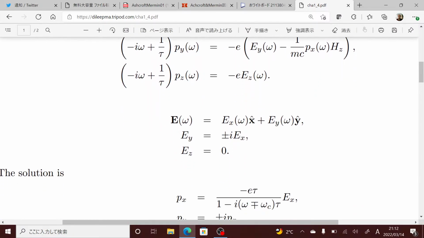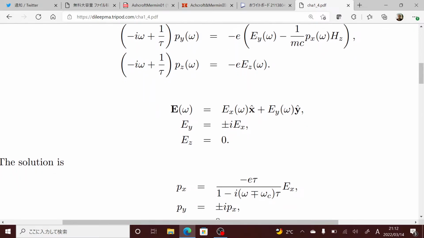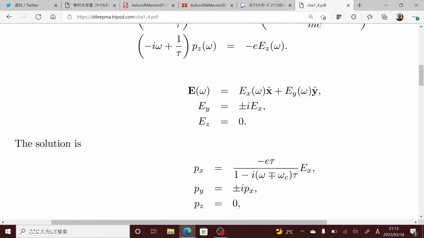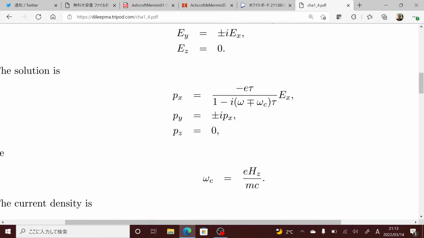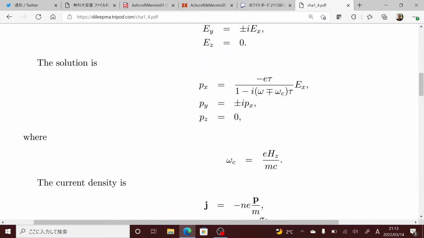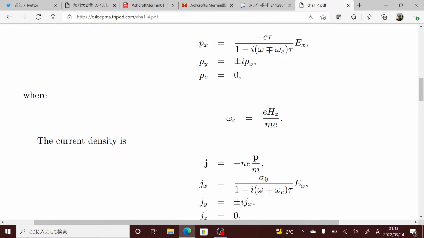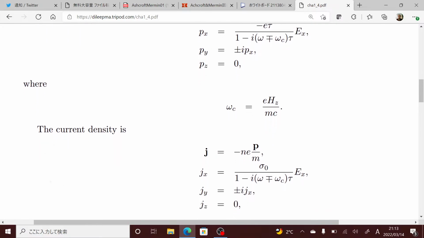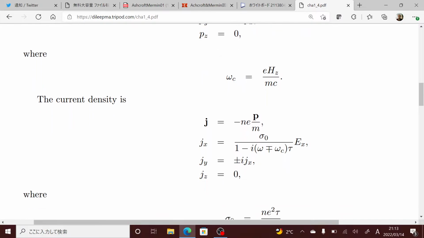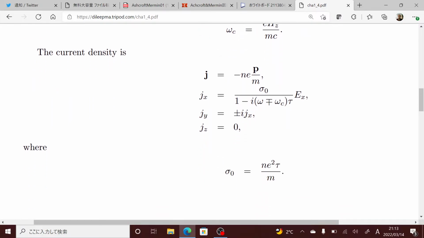You can obtain this way. The solution looks like this, where omega c is like this. The current density is like this.